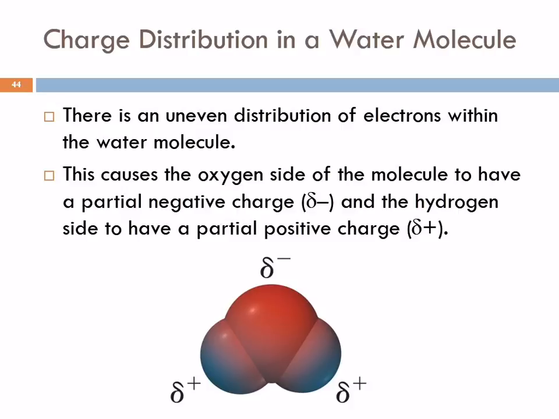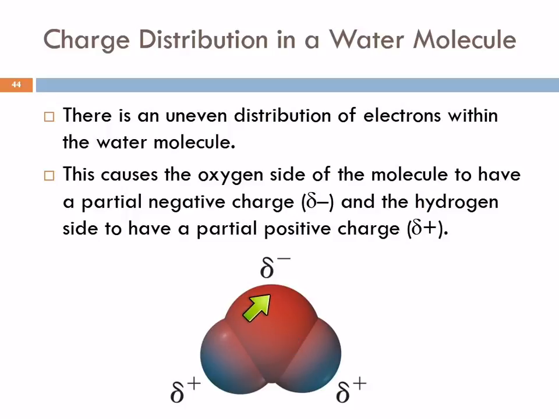We have to talk a little bit about water. There's an uneven distribution of electrons within a water molecule, and we'll learn a lot more about this later as well. But the electrons in the covalent bonds between the oxygen and the hydrogen are more attracted to the oxygen than they are to the hydrogen.